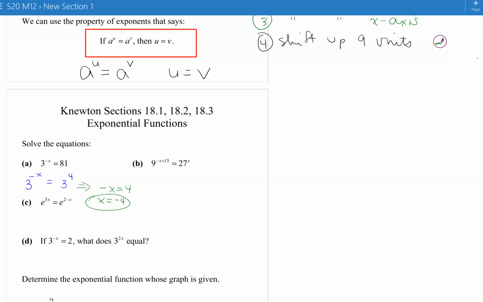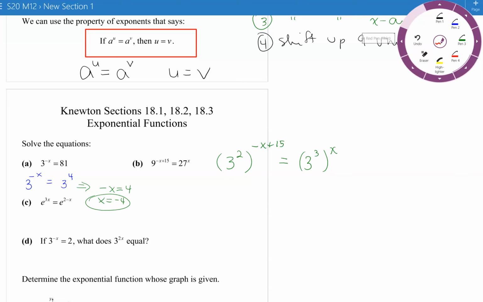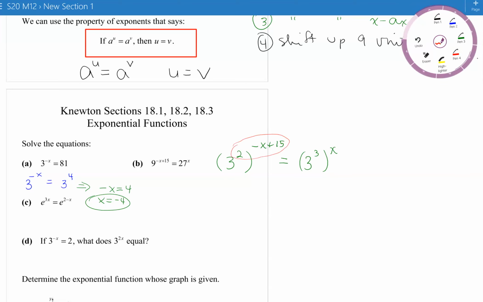Then for the next one, I can see a way to write each of those bases as 3 as the base. So I rewrite 9 as 3 squared and 27 as 3 cubed. And then I recall the property of exponents that says I should multiply the exponents.